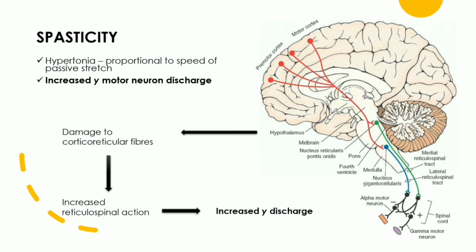So that's how spasticity is seen in an upper motor neuron lesion. Now, there are two other very characteristic findings associated with spasticity.